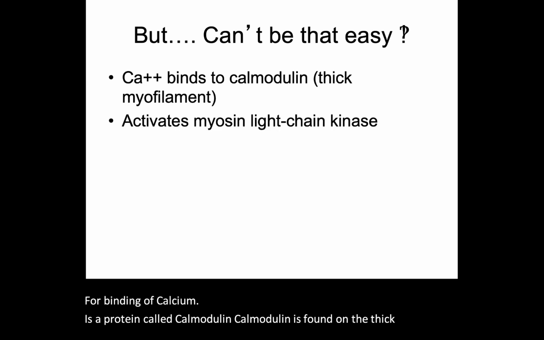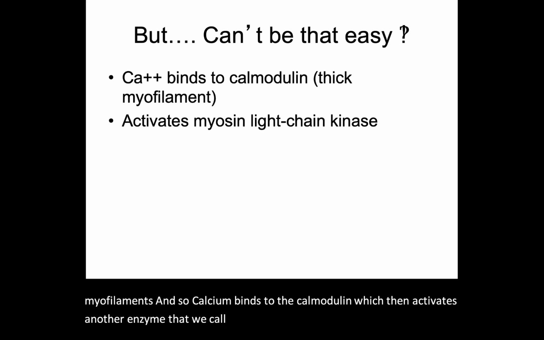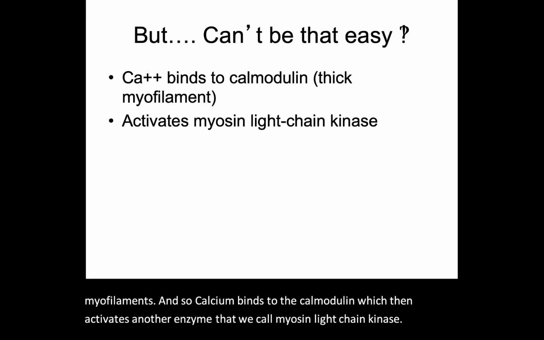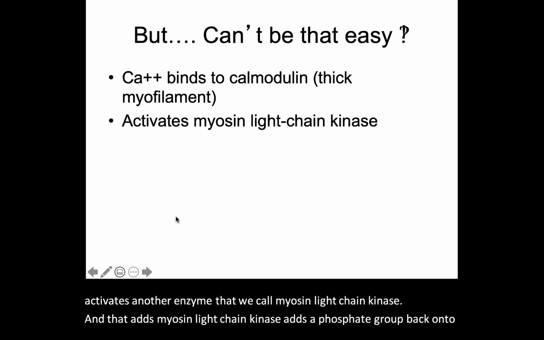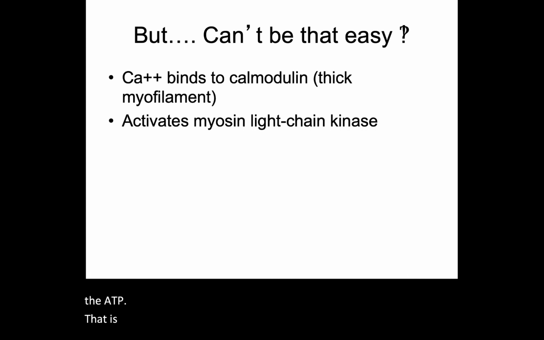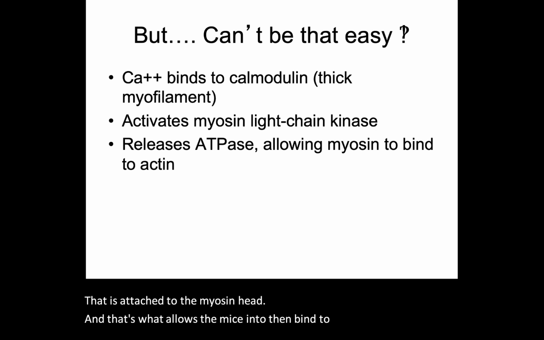And so calcium binds to the calmodulin, which then activates another enzyme that we call myosin light chain kinase. And myosin light chain kinase adds a phosphate group back onto the ATP that is attached to the myosin head. And that's what allows the myosin to then bind to the actin that's on the thin myofilaments.